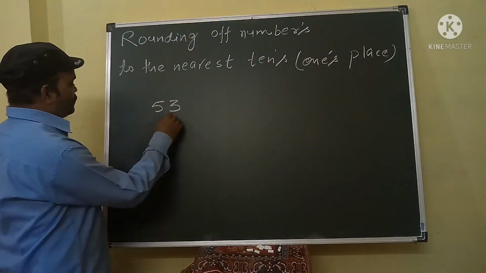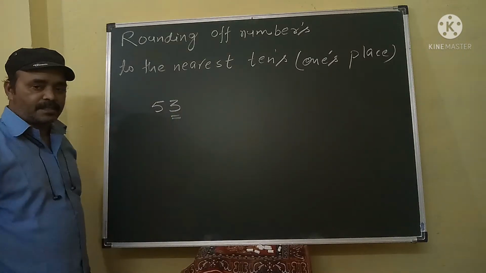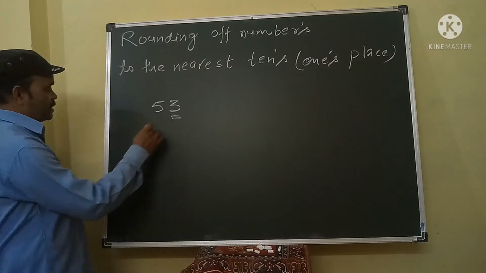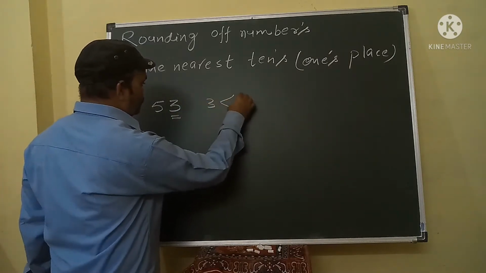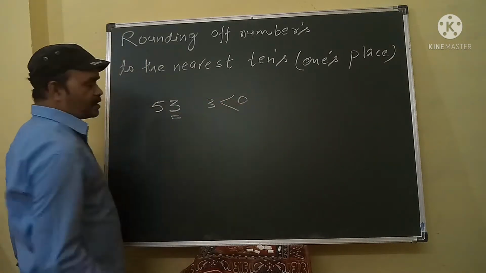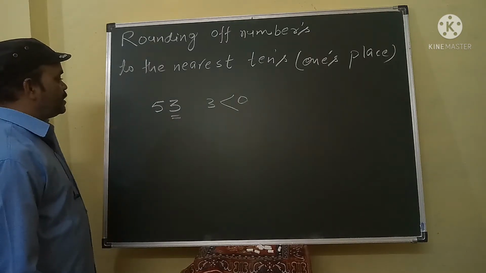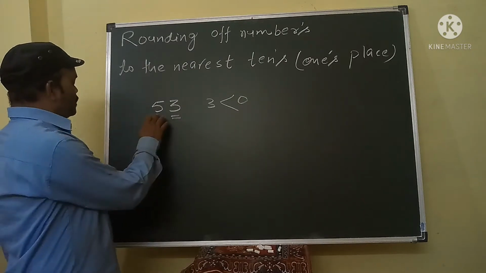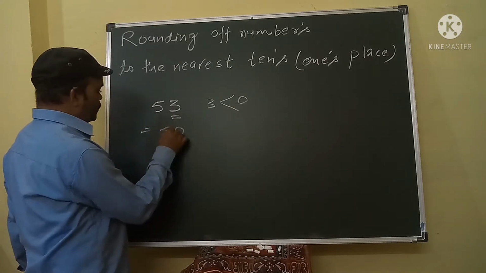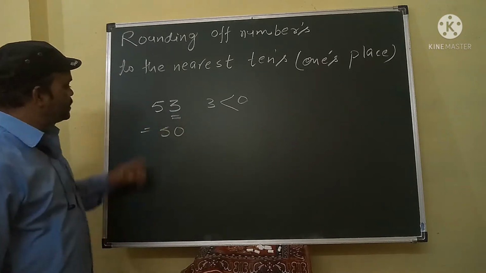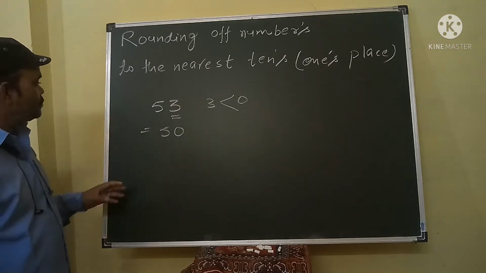In 53, 3 is in the ones place, and 3 is less than 5. In that condition, rounding of 53 is 50.